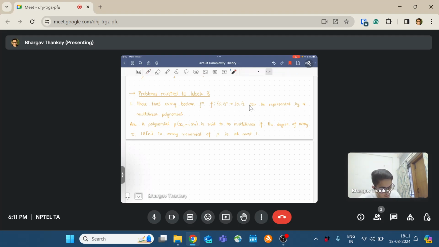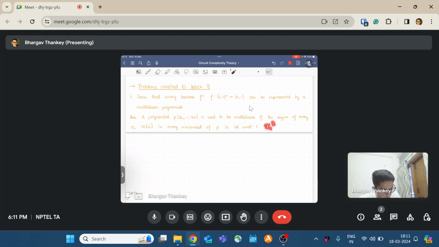For example, x1x2 plus x3x4x5 is a multilinear polynomial because the degree of every variable is 1, but x1 squared plus x2x3 is not multilinear because the degree of x1 is 2 in this polynomial. Now let's see how every function can be represented by a multilinear polynomial.